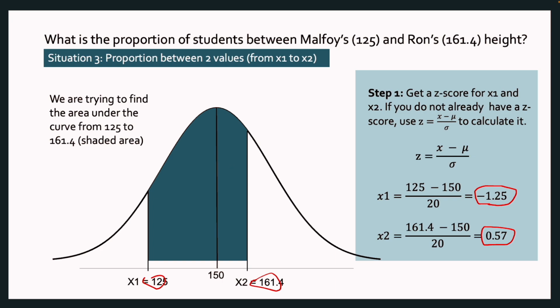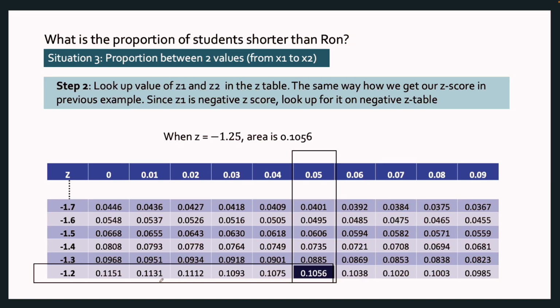That is why I mentioned to you, it is a very good idea for you to draw this, so that we know each area that we want to find. So we are interested in finding this to this. So from here, x1, when you look at the z table, now you are looking at the negative z table, because your z is negative.